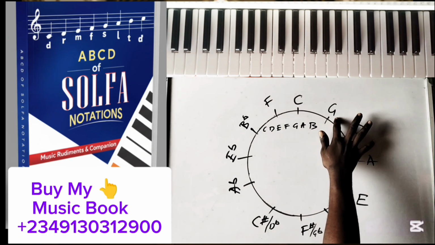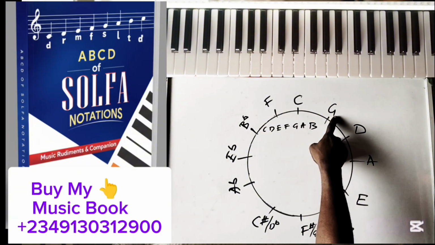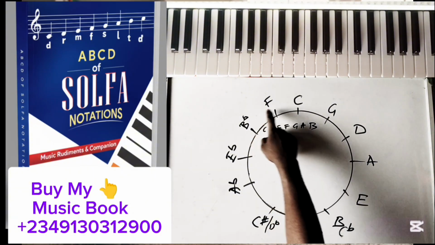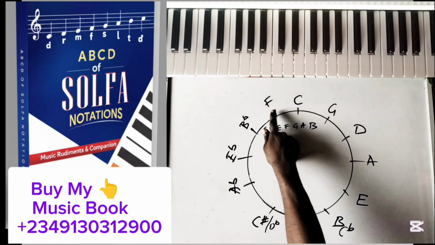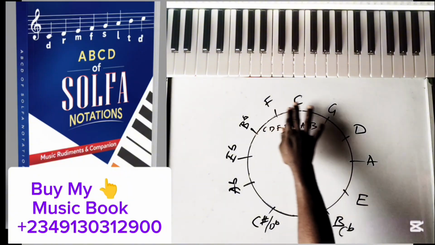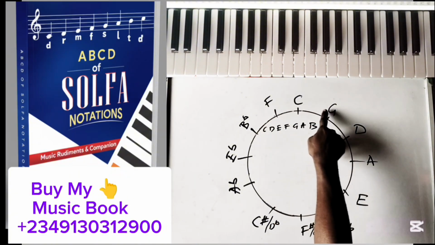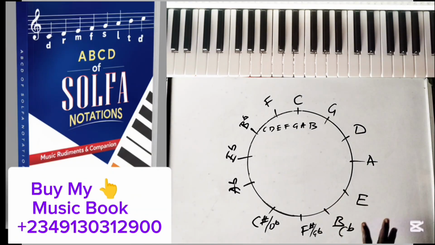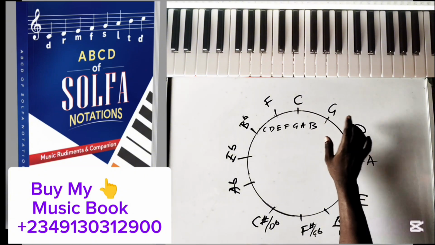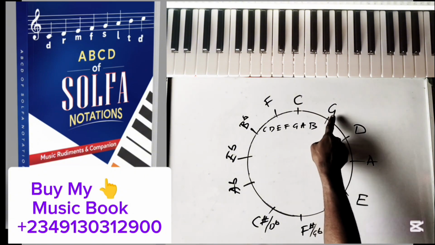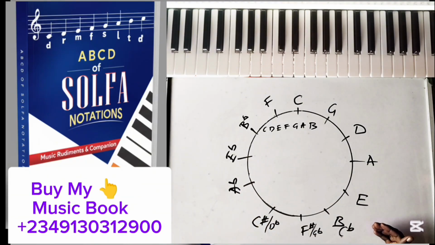If you come to G, the one that is sharpened is F. If you come to D, the ones that are sharpened are F and C. So as you go, you'll be adding other ones. Like A, the ones sharpened are F, C, and G. So they do it like that and get the number of sharps, because what we are explaining is the number of sharps or flats that makes up a key. So that is what I'm explaining now.